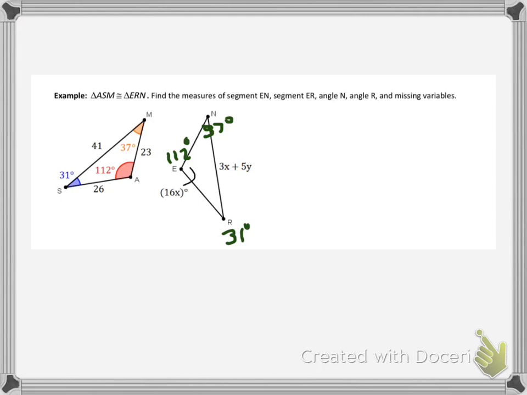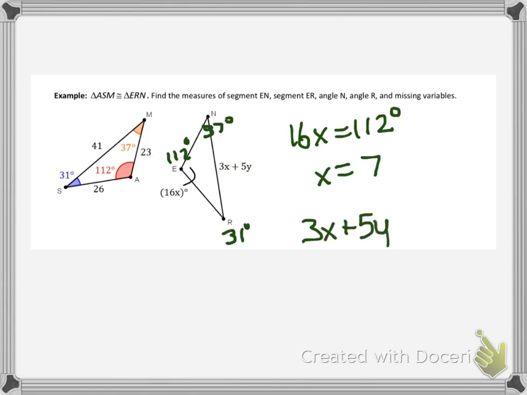Okay, so trying to find x and y. Well, 16x we now know is equal to 112. So x, just dividing by 16, x is 7. Okay, and I also know that 3x plus 4y, this line segment here, going between the 37 degrees and the 31 degrees, so that's congruent to this line segment.